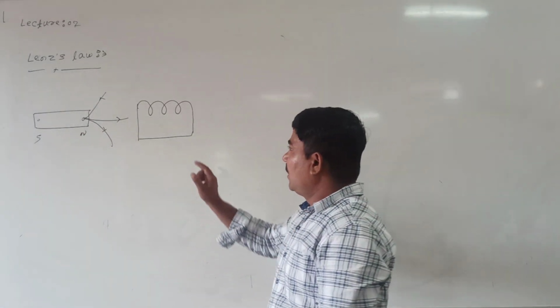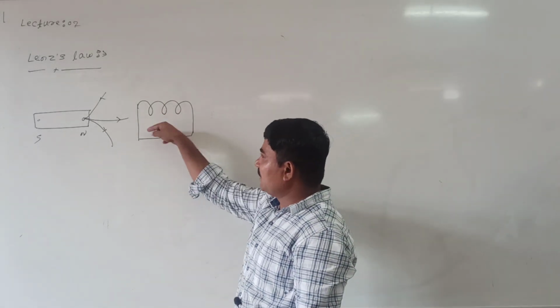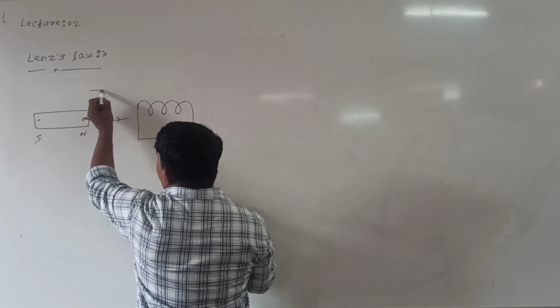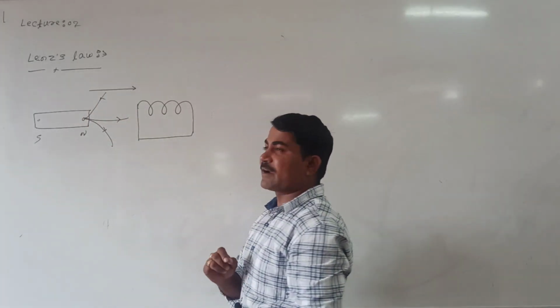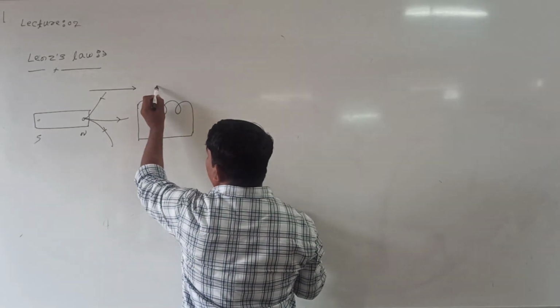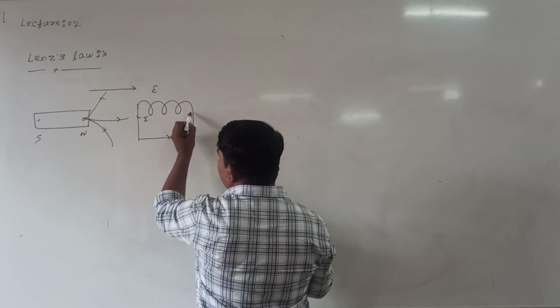This coil contains many circular turns. Shall I take only one circular turn and a magnet? We know that whenever this magnet is moving towards the coil, the magnetic flux linked with the coil changes and EMF is induced in the coil. Due to the EMF, current can flow because this coil is closed.